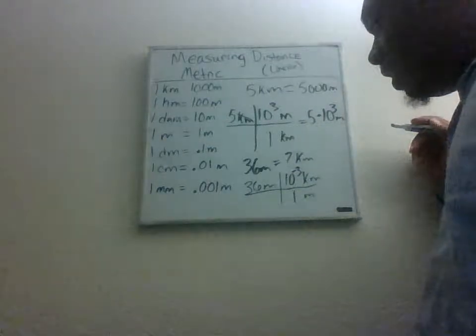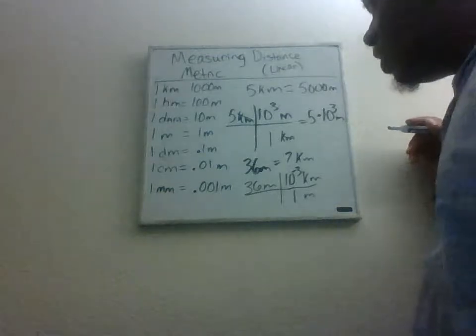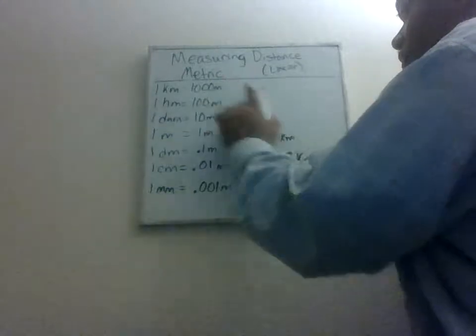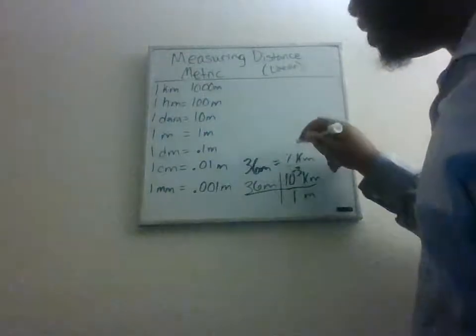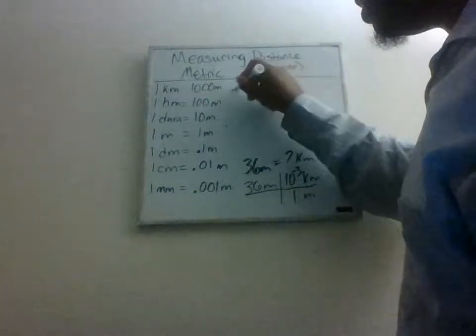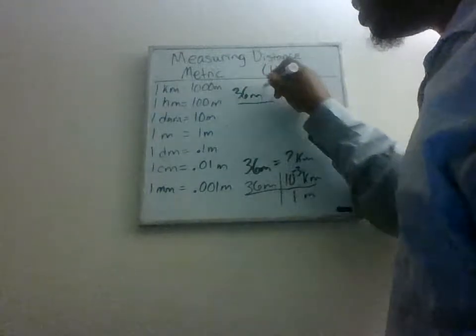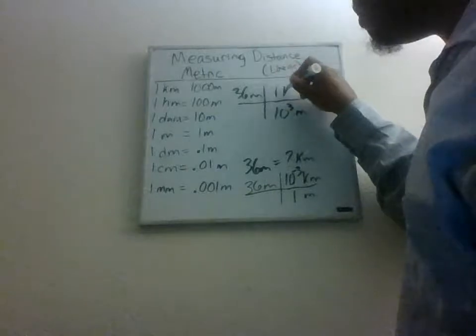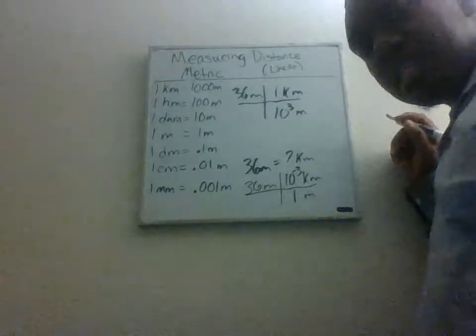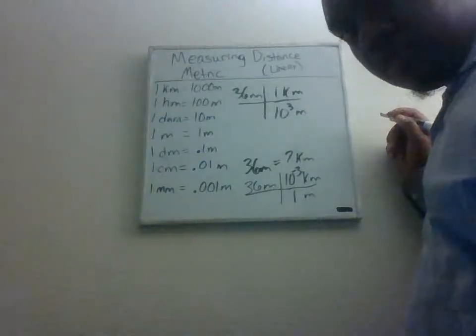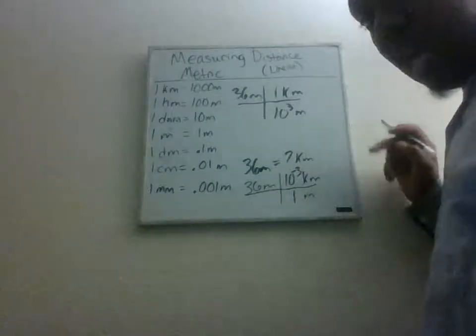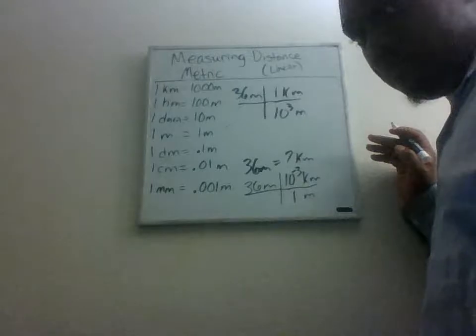Okay. If you didn't like that, you could have written this another way. You could have written this as 36 meters, and we still know that 10 to the third meters equals 1 kilometer. These will give you the exact same answer, because if you divide by 1,000, that's the same as having 1,000th already, right?